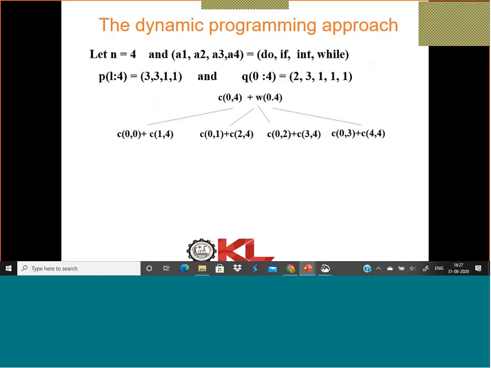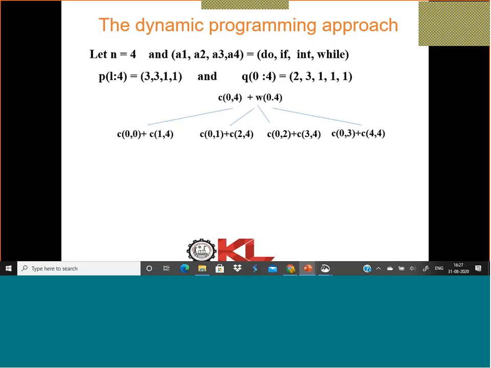So now he has given the p-value. The p-value basically gives how many times you are accessing each key element, the frequency of each key element. For example, how many times you are accessing A1 is 3 times. How many times you are accessing A2 is 3 times. How many times you are accessing A3 is only 1 time. A4, 1 time.